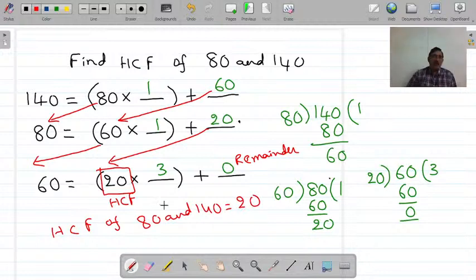So we select that particular value when the remainder is 0. At that time we take HCF. Divisor will become HCF. I hope all of you understood this. Do you understand this? Just check it once.